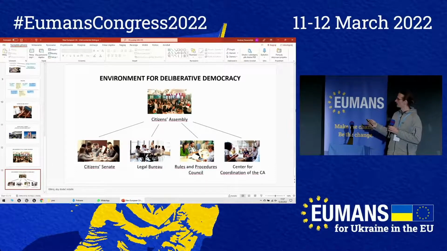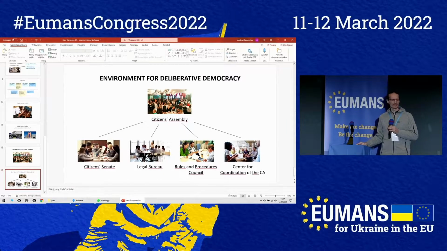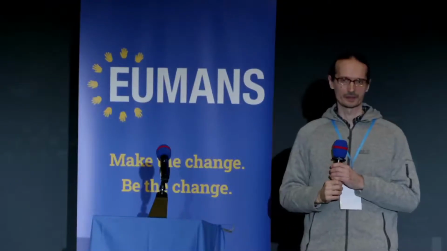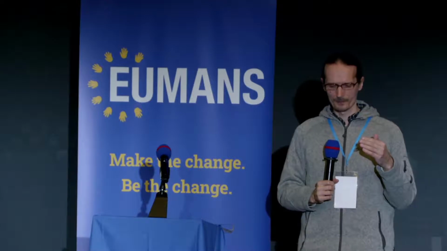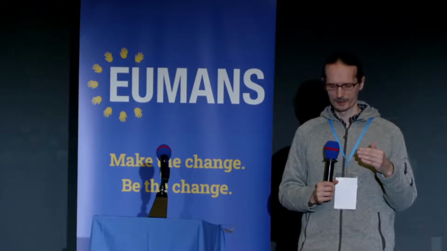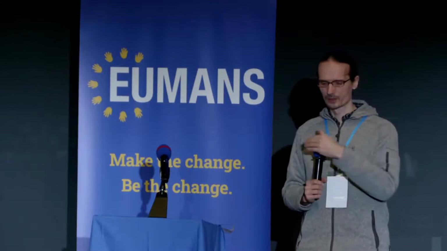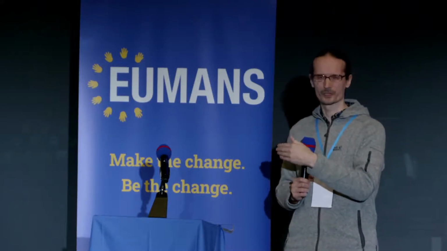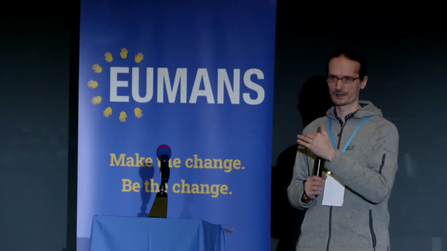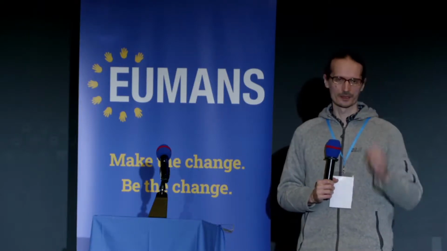All right, so this actually means that if you are thinking about creating a mechanism for binding citizens assemblies, you would need to create the whole environment for deliberative democracy, which includes other support bodies.